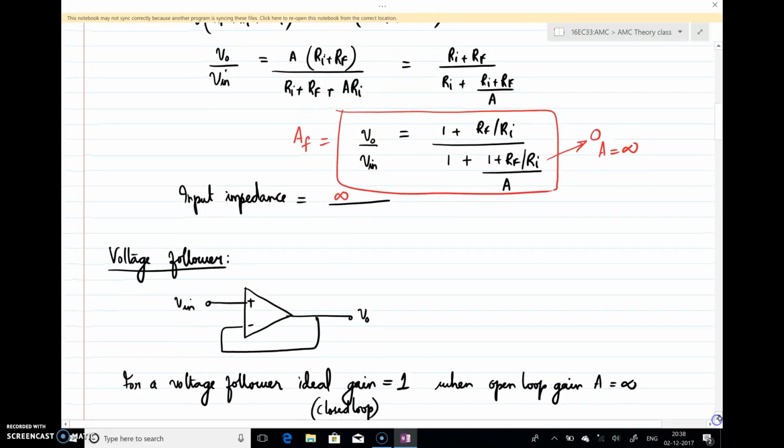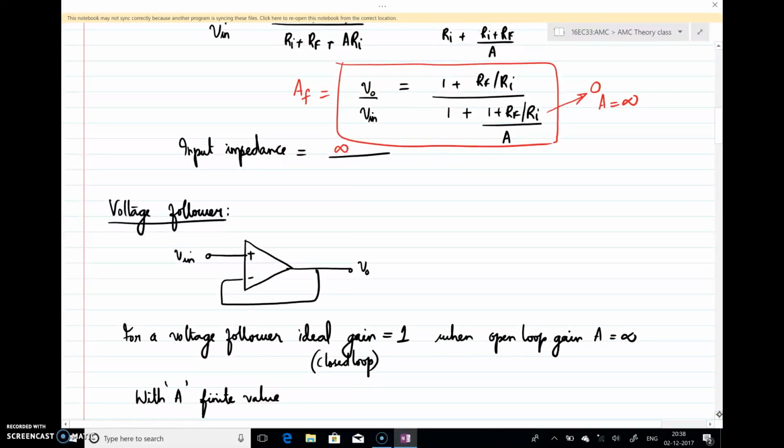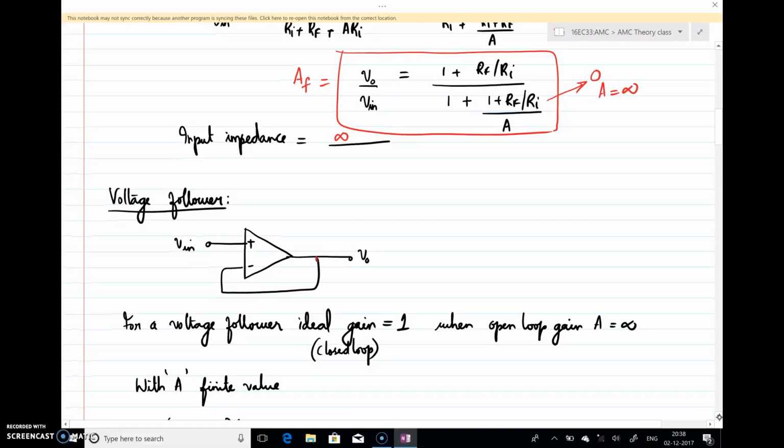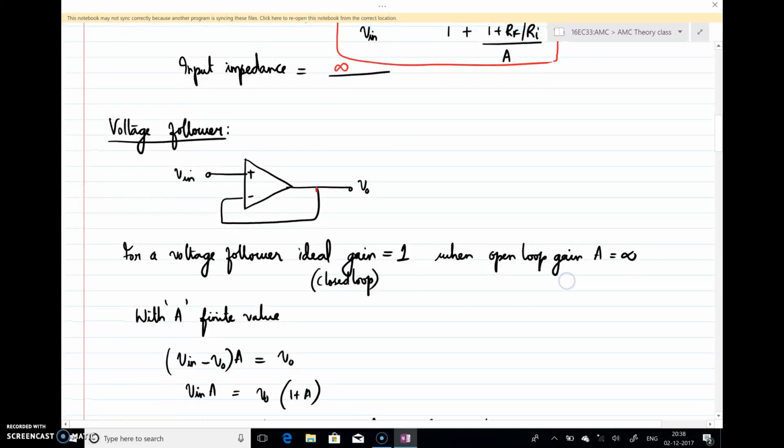And one very common application of non-inverting is by connecting a feedback just by shorting output to input. This we call a voltage follower, and the feedback I applied here is a unity gain feedback. The feedback is simple, the output and one input are shorted together.